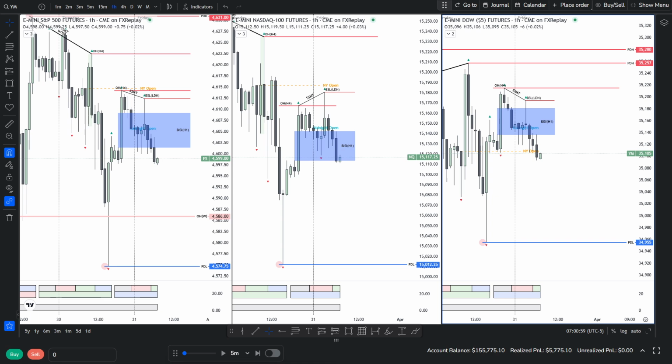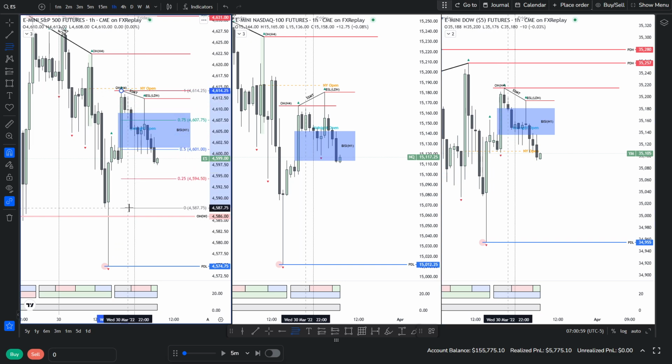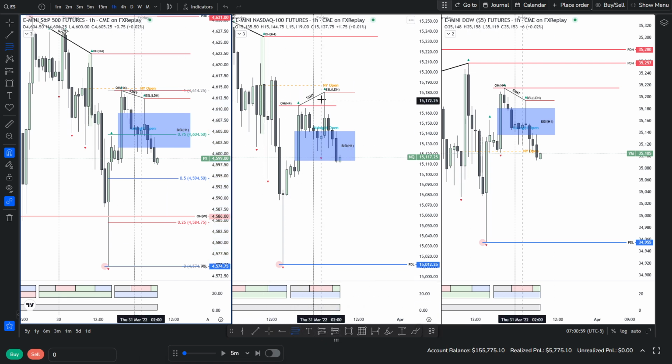I'm keen to see one of these assets trade down to their previous day's low. Be interesting to see. I mean, they roughly all look relatively the same.